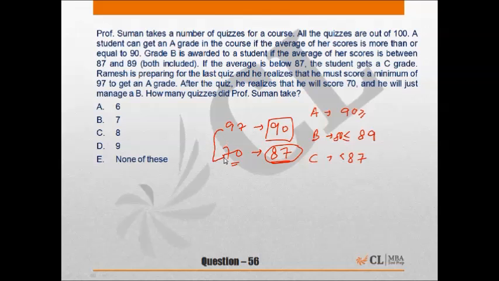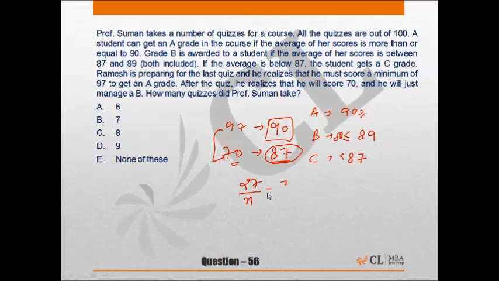So the difference of 27 marks causes a difference of 3 in average, and this is obtained by dividing the difference of marks, which is 27, by the number of tests.